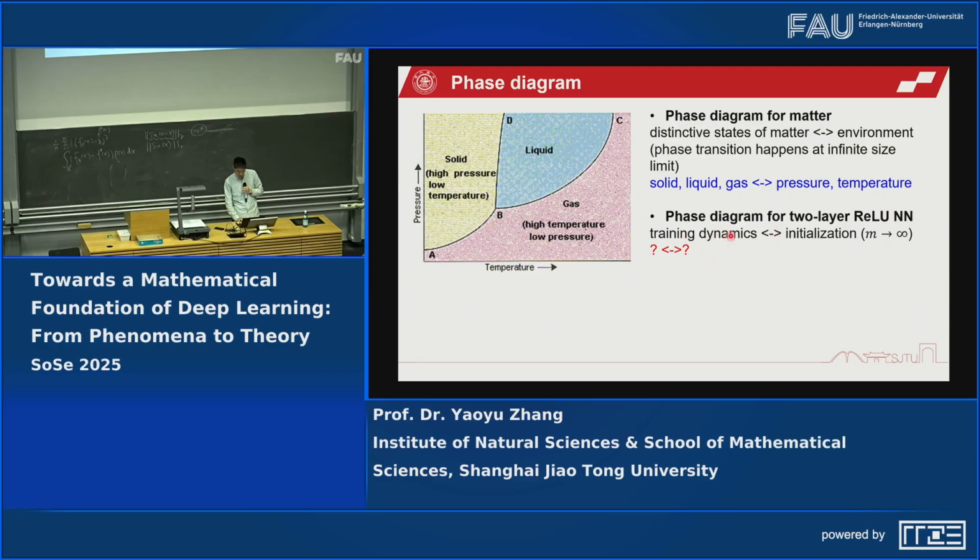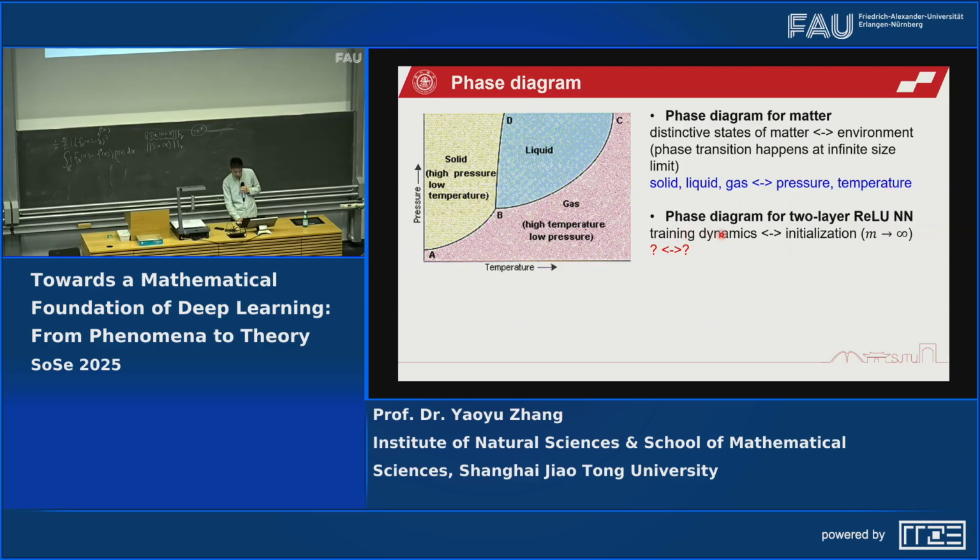If we try to obtain a phase diagram for the dynamical regime of two-layer neural networks, first we have something similar to the thermodynamic limit, that is the width m goes to infinity. Otherwise, with one neuron or two neurons, you may not. Then we have some hyperparameters, for example gamma and gamma prime, that are like pressure and temperature.